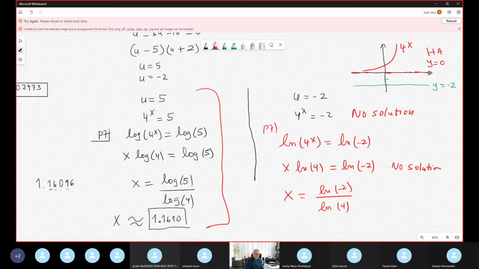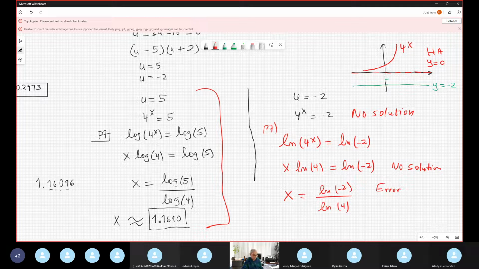What message do you see? At least on my calculator, I see error. Jenny said this is error, and Jenny's calculator shows error.